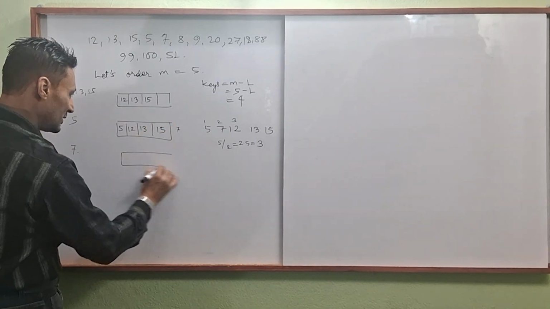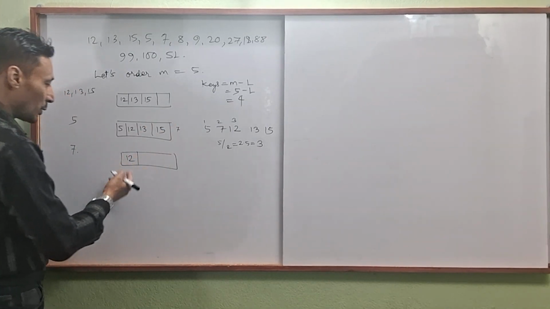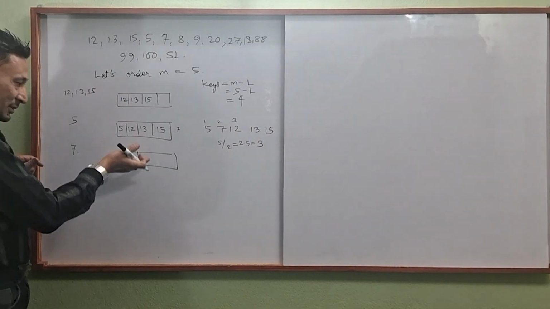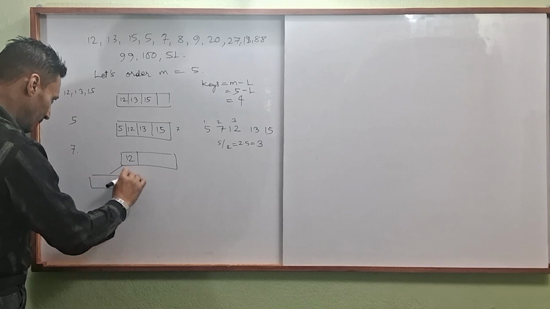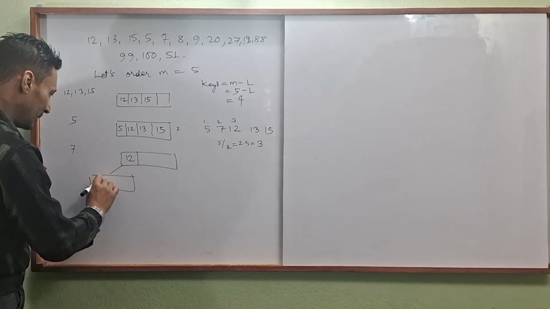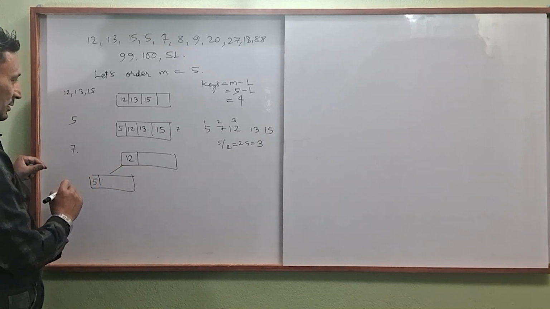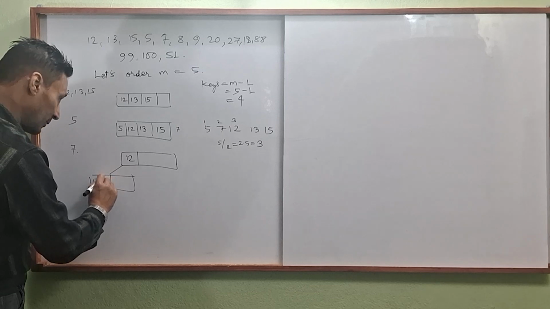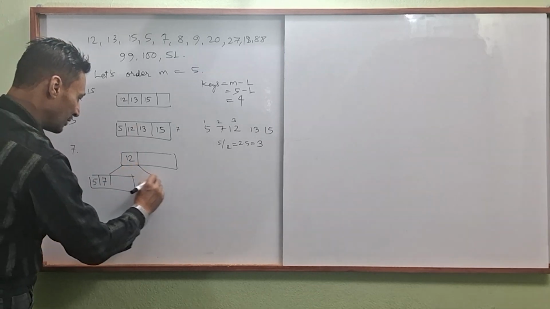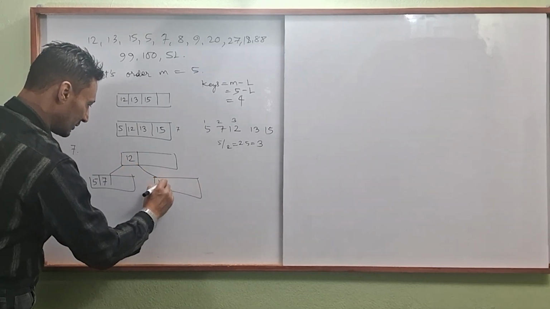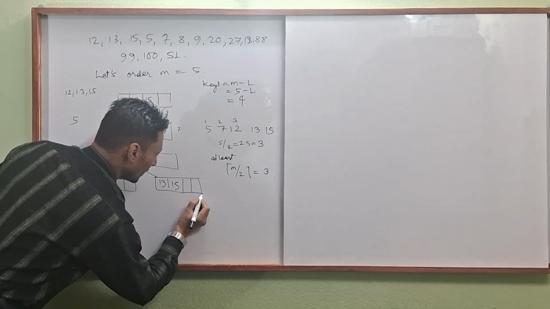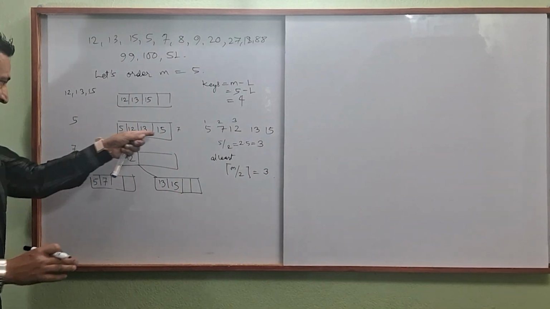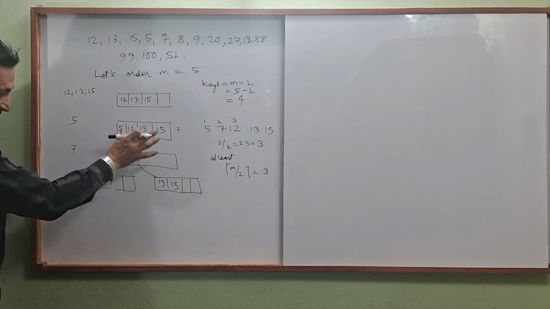So we'll promote 12 to another node, and then 7, we have 7 also. Then the values greater than 12 will be on the right, 13 and 15. So after inserting 7, the node has been split and the level of the tree grew.